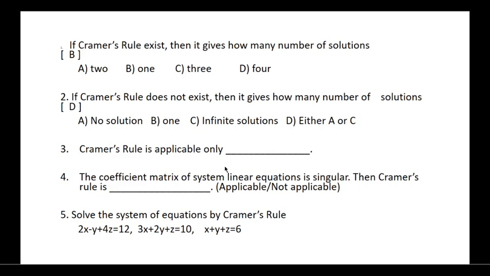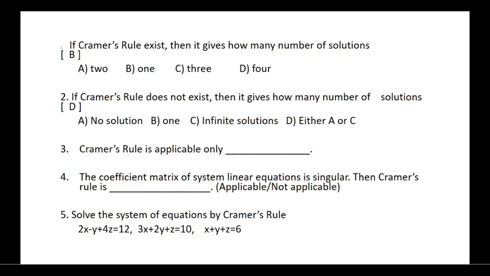To find the determinant, first you take the signs plus, minus, plus. So 2 into, eliminating the row and the column containing 2, 2 into 2 minus 1. Next, minus of minus, that is plus 1 into, eliminating the row and column containing minus 1, that means 3 minus 1.